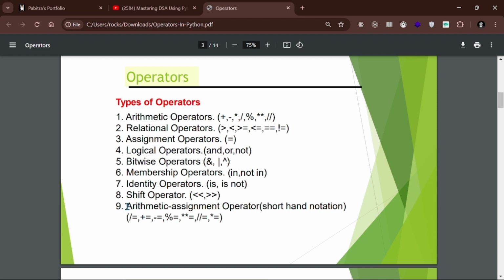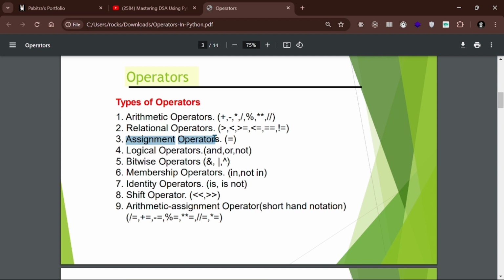And then we have arithmetic assignment operators, which are a shorthand notation. Here you get division equals, plus equals, minus equals, modulus equals, exponential equals, float division equals, and multiplication equals. Basically these operators combine arithmetic operators and the assignment operator. Why are these important? We will discuss them in the next video.